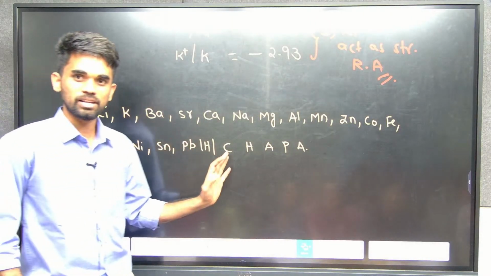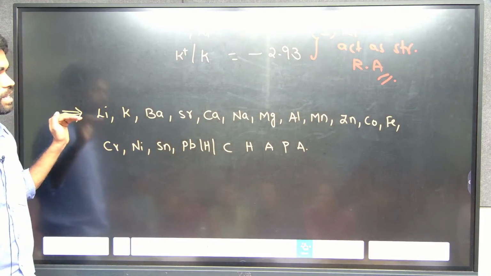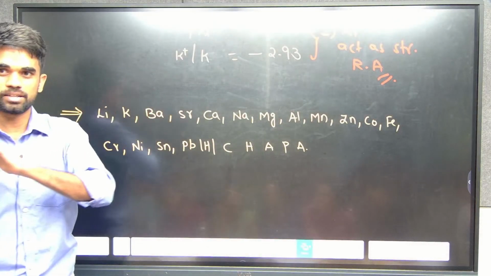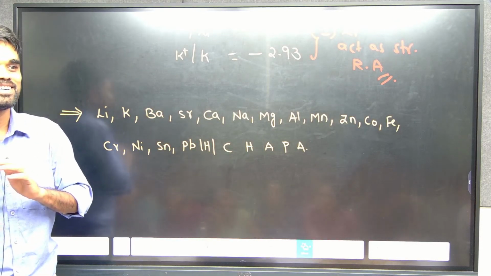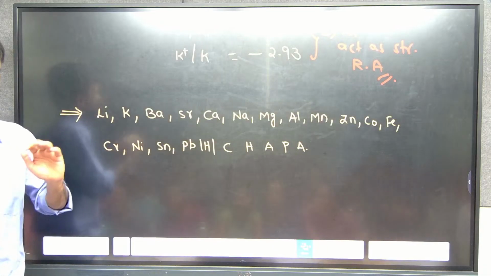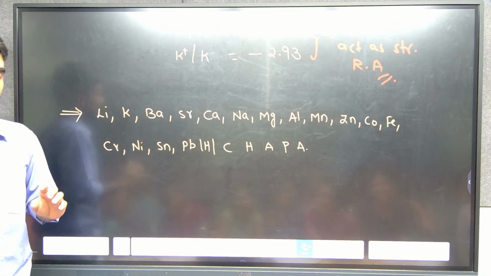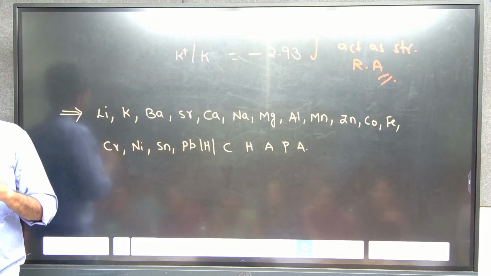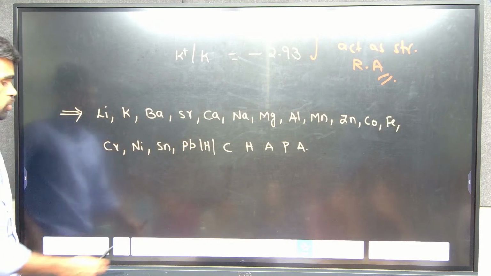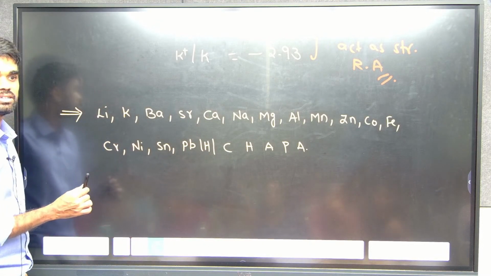It is chapa only. Don't read outside, at least inside of you. So you will get one flow. So who is the strongest reducing agent?